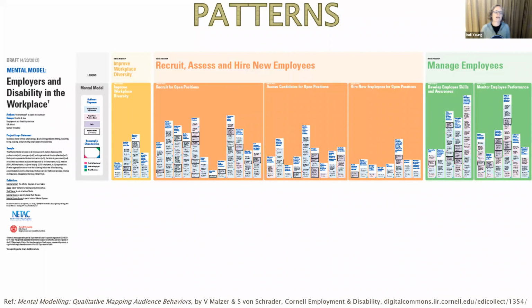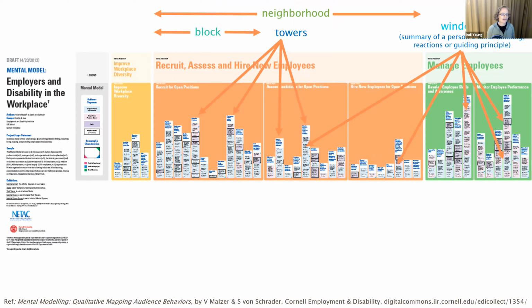So speaking of towers and city skylines, I kind of named the parts of these as if it were a city. So you've got the towers come together in blocks, the blocks come together in neighborhoods. And each window in that tower is actually a person. That is the summary from that person. So the really powerful thing here is that we've got people's words.